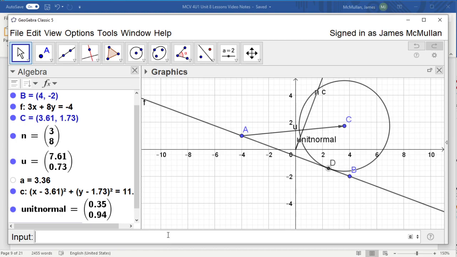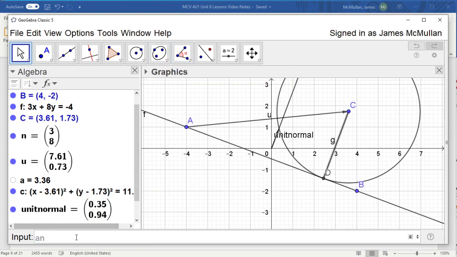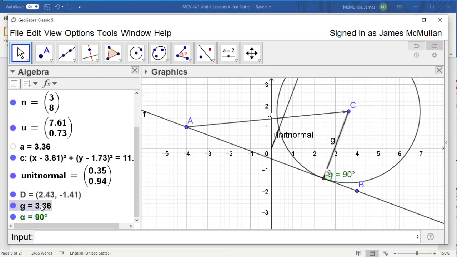Now, segment CD is perpendicular with the line. So if we do angle BDC, you get 90 degrees. And the length of that segment is 3.36. Notice, however, the projection told me that. I don't actually need to do any of this other work where I find where D is and then find the coordinates of D or whatever.